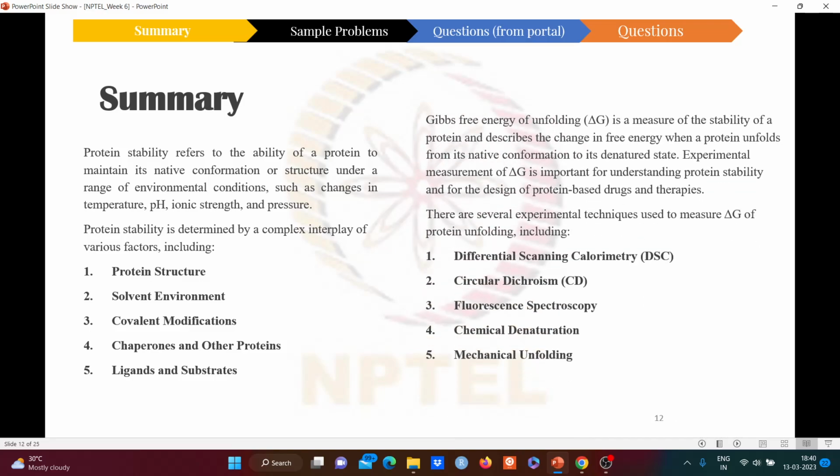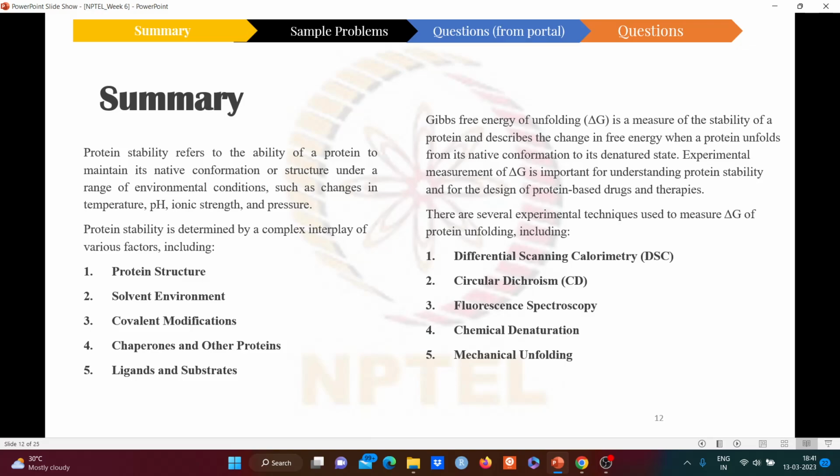So in this context, I'll be discussing Gibbs energy because in most of the recent studies, the Gibbs free energy of unfolding, calculated using the unfolding studies, is considered as a measure of stability of a protein and describes the change in free energy when a protein unfolds from its native conformation to its denatured state.